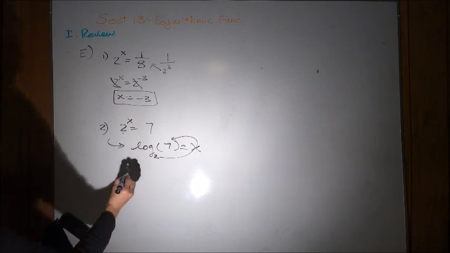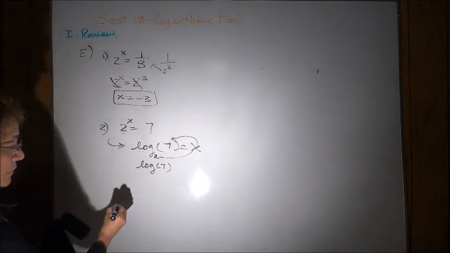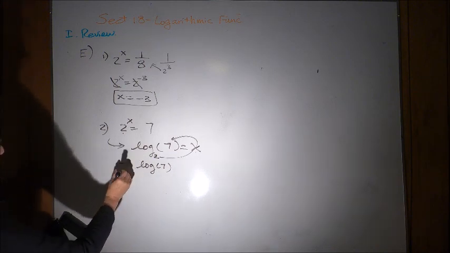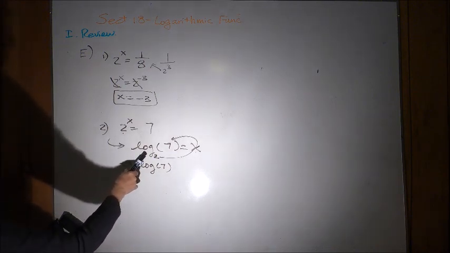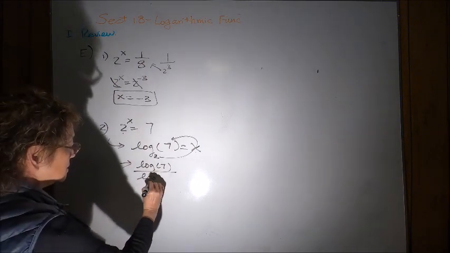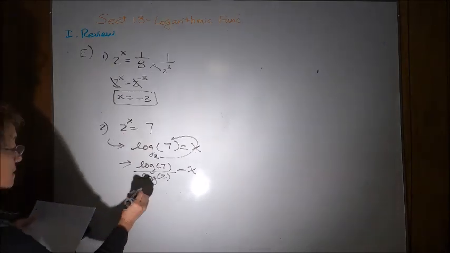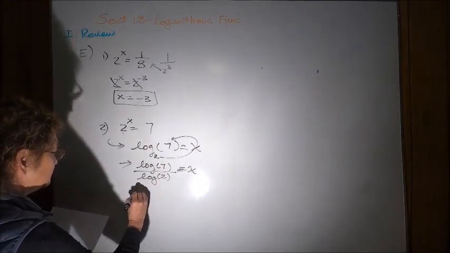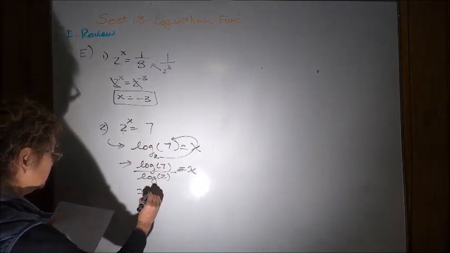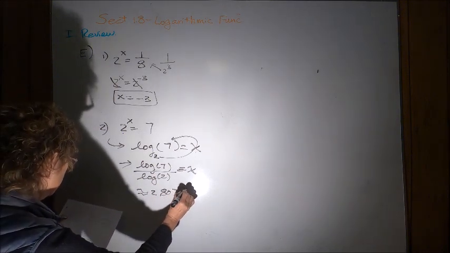Then what do we use? The calculator, right? Change this one, use what? The base change formula, right? So that would be your x. And your x is about 2.80735.